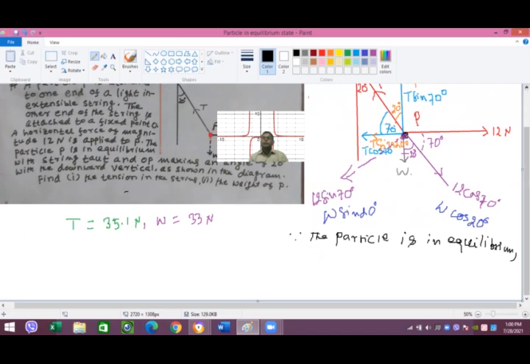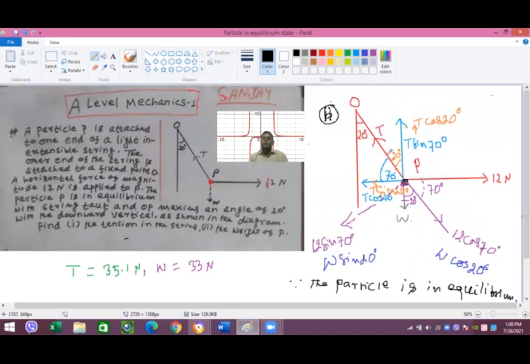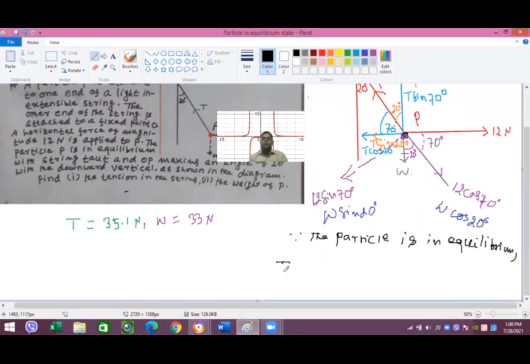So in this case, if you consider one force as T, you can write T here, and for the opposite forces you put a minus sign, because both of these forces are opposite. So this line has two forces, one as 12 cos 70 degrees and another as W cos 20 degrees, and that equals 0.